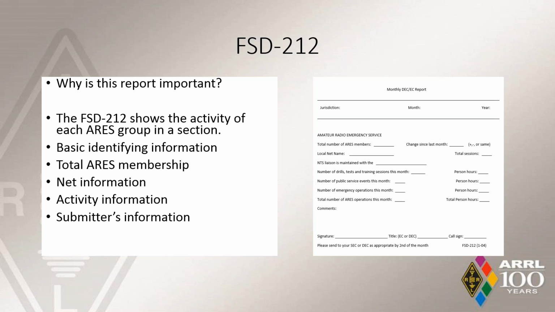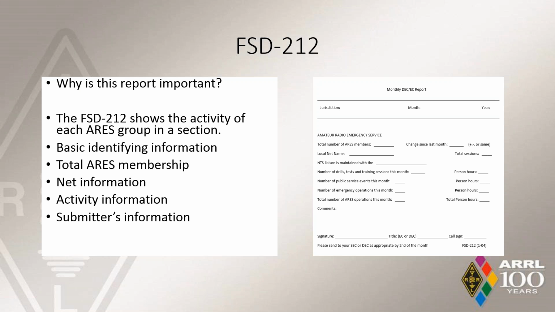So why are these reports important? Well, as Mike explained earlier, it identifies information concerning what's happening in your section. What the membership is like. Has the membership changed? Has it increased or decreased? Good information to know. Net information. We don't know what nets are currently ongoing in your section, but by putting the information down, we will get a pretty fair idea.